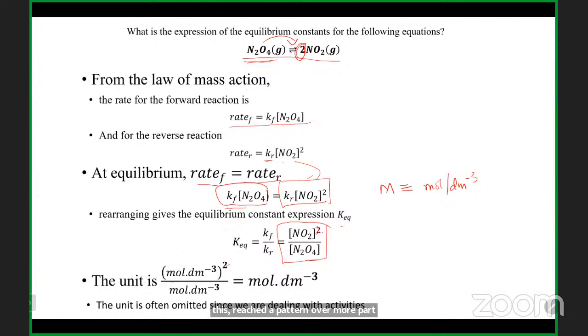However, in writing equilibrium constants, the unit is often omitted because the equilibrium constant is defined with respect to activities, and when you're looking at activities, the units cancel out. So in most cases, you will see the equilibrium constant written without units.